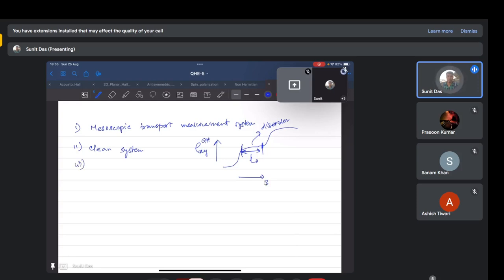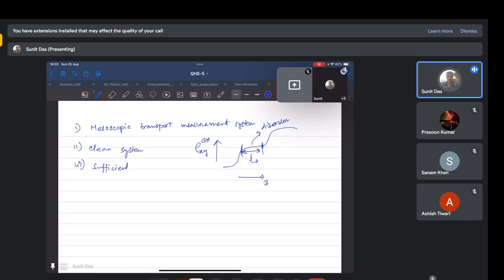and then sufficiently low temperature. This is very qualitative, very subjective to say sufficiently low temperature, because in graphene we have experiments where a room temperature quantum Hall effect has been seen.